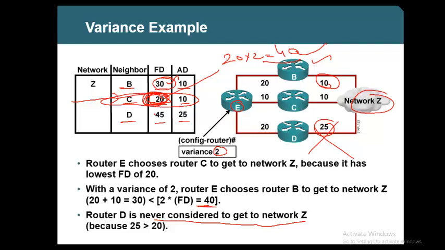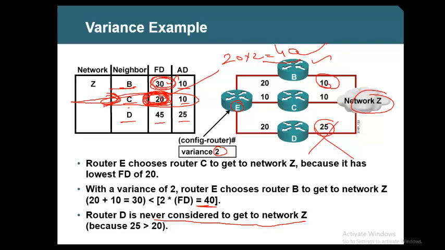Yes, sir. Now, according to the capacity only, load balancing will happen. See, this is 30, this is 20. In which path will more traffic be sent? Via C. Compared to B, C will take more traffic because EIGRP says this is the least FD, so send more.